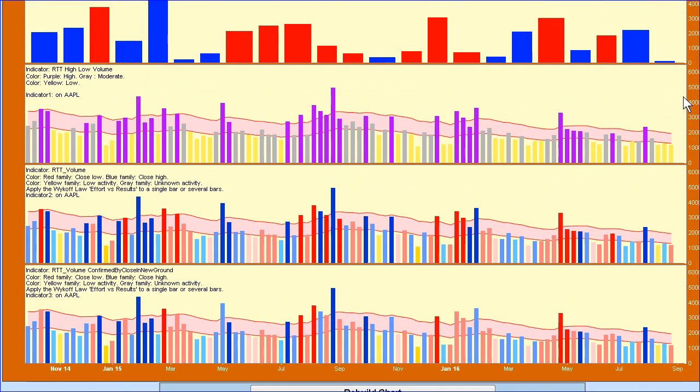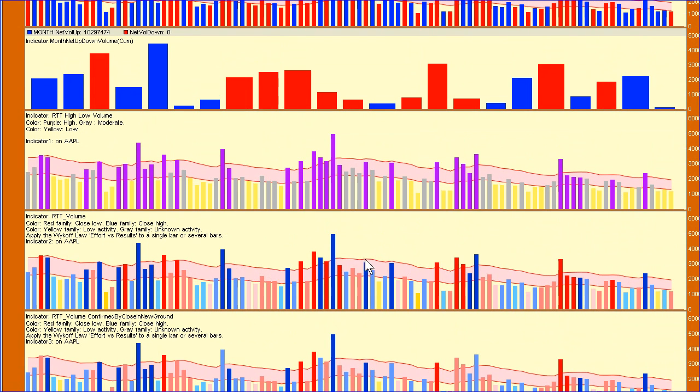And to help you with that, we have our RTT volume indicator, which colours the extreme volume, which is above average volume, with the dark colours. If it's up, it gets a blue bar. If it's down, it gets a red bar. And if it's average, it gets a lighter colour, and if it's below, it gets a much lighter colour.